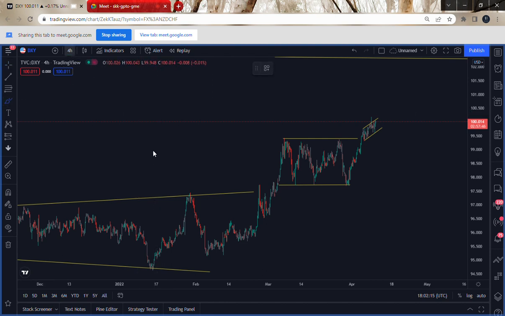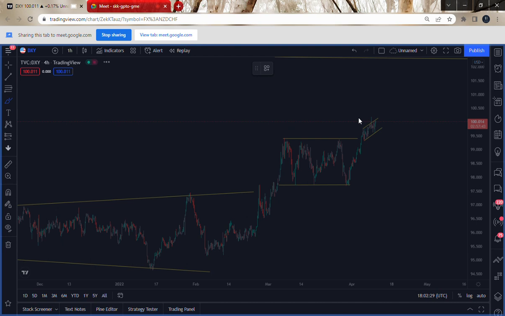If you go to the 1 hour now, when we're going to find our entry, you'll be looking at this market here, what is happening here. This one is the one that is going to tell you whether we are going to go to the downside or continue to the upside.